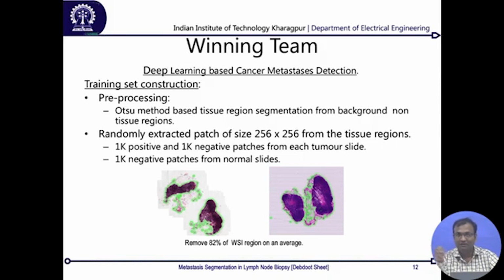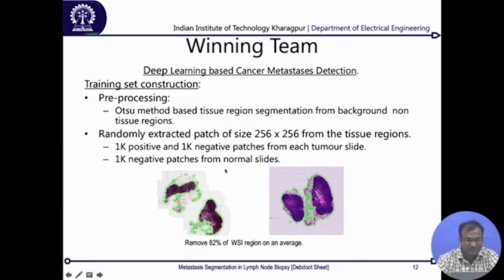So you can sample randomly from the metastatic region and others from the non-metastatic region. On top of that, since the data set also had normal slides for training, they took 1000 such negative patches from the normal slides. Anywhere you sample from a normal slide, within the tissue region you are going to get a negative patch, because there is no metastatic region anywhere.